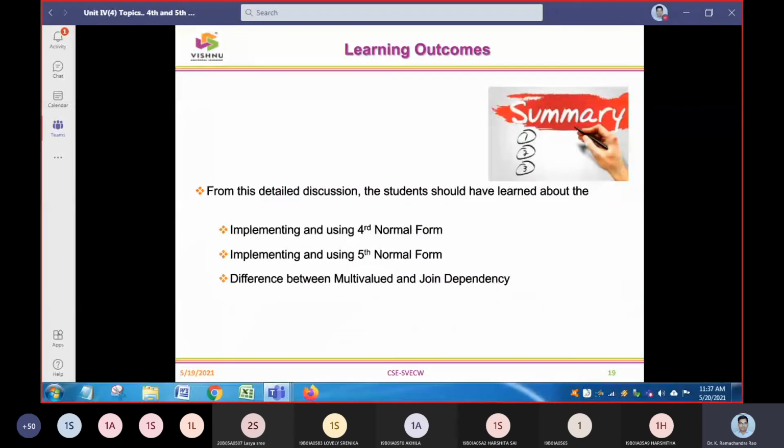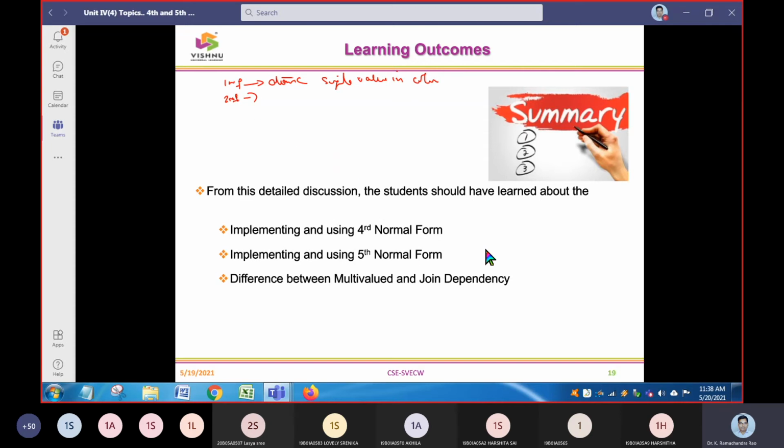So this is all about the five normal forms we talked about. When we call it first normal form, we say atomic. That is, every column should have a single value. That is the highlight of first normal form. Then comes the second normal form.